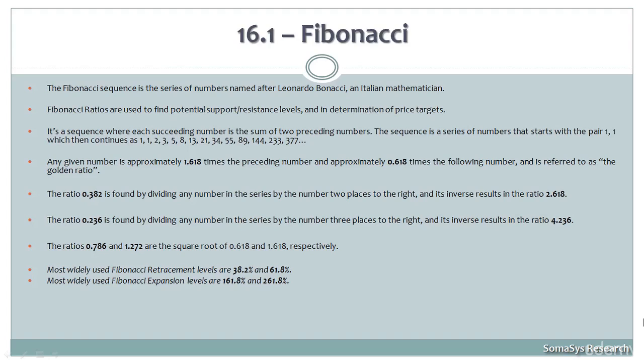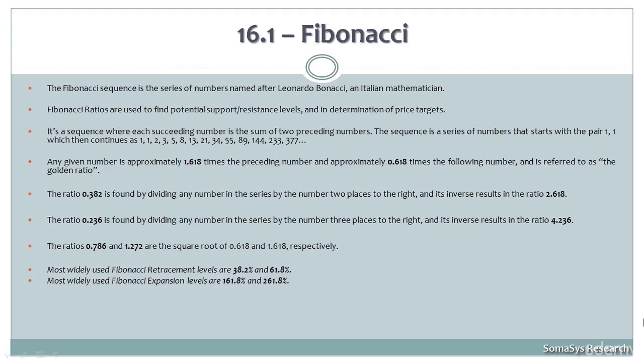For example, if we consider the numbers 55 and 233, then 55 divided by 233 will result in 0.236, and 233 divided by 55 is going to result in 4.236. Now the ratios 0.786 and 1.27 are the square roots of 0.618 and 1.618 respectively.